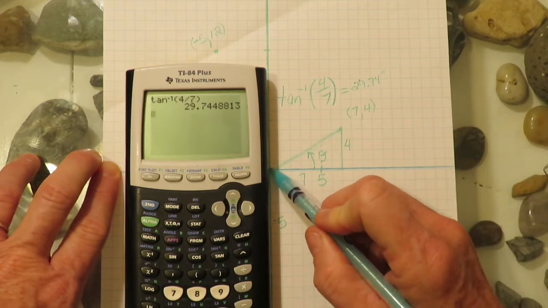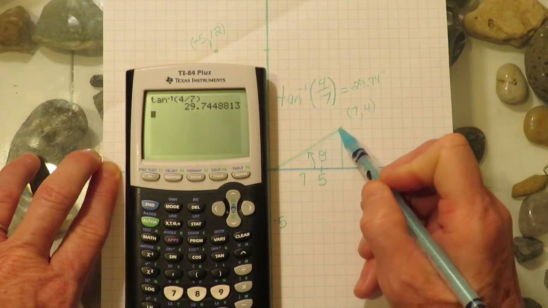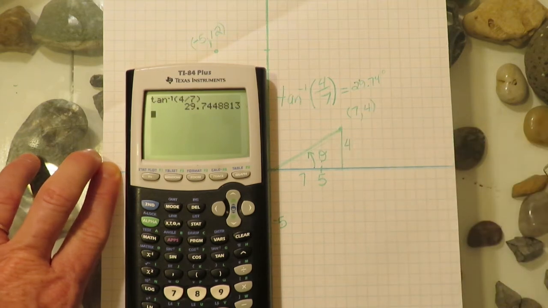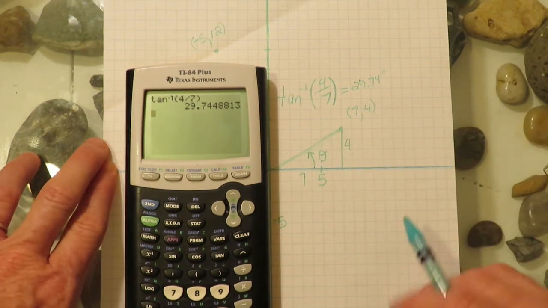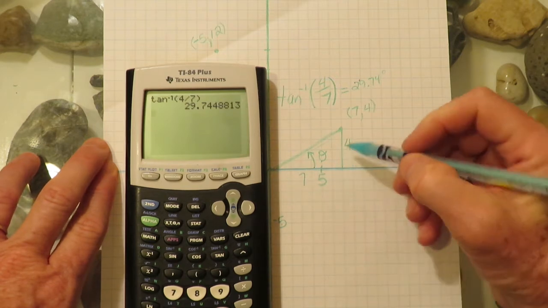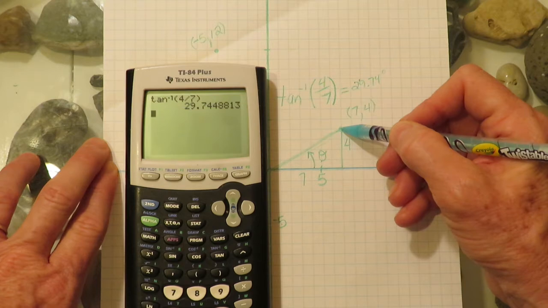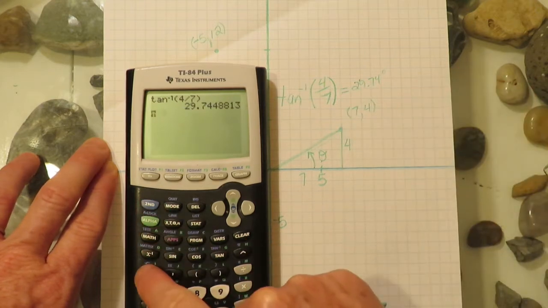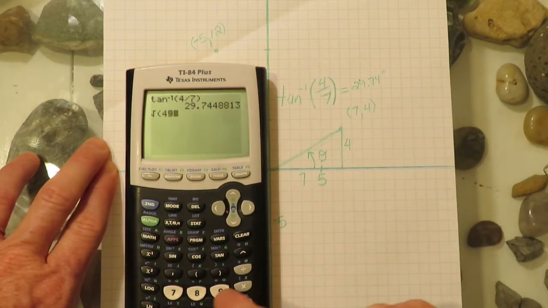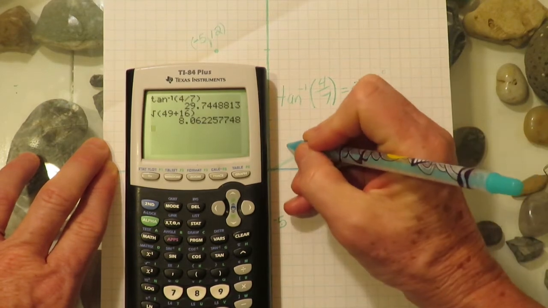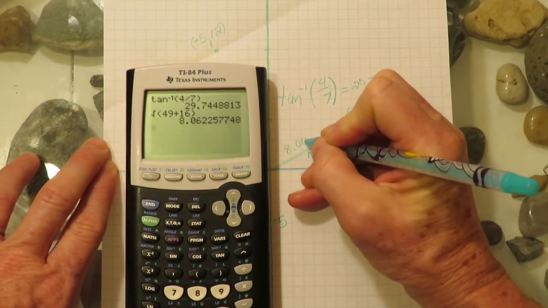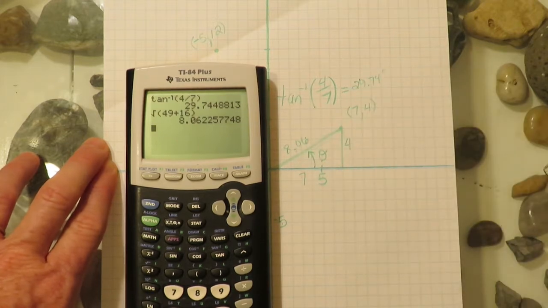Well, now I need to know how far to go. Once again, recognize that you have a right triangle and the one side was 7 and the other perpendicular side was 4, and so the length is going to be the square root of 7 squared plus 4 squared, or approximately 8.06 when we round to the nearest hundredth.